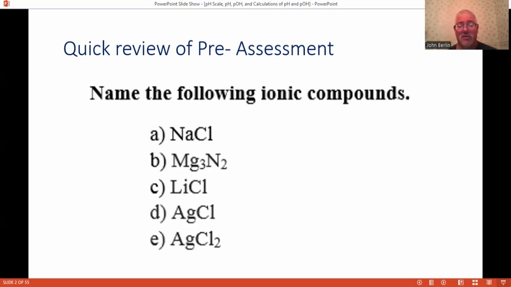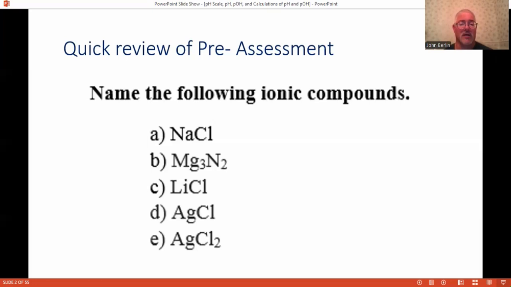An ionic compound is going to be a metal combined with a non-metal. So remember, metal and non-metal. If they're sharing electrons, that's going to be a covalent bond. That's going to be a non-metal to a non-metal. So once again, don't get ionic versus covalent mixed up.